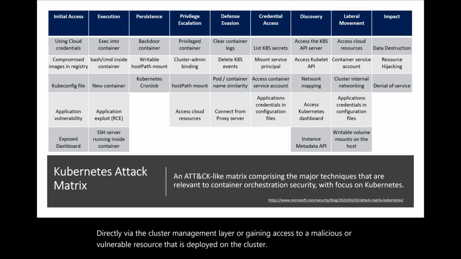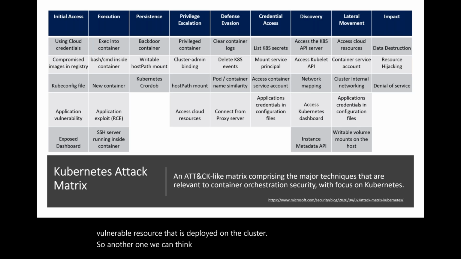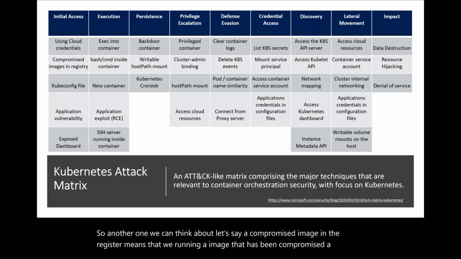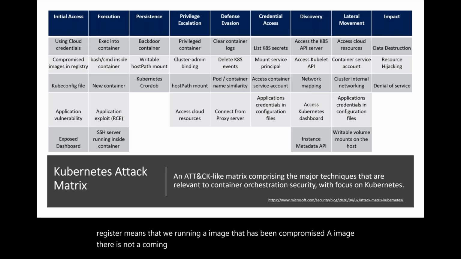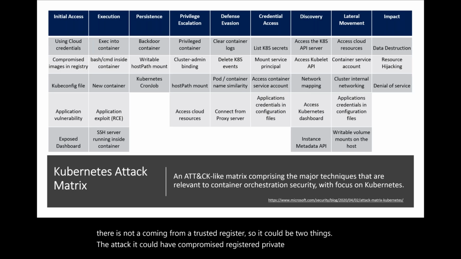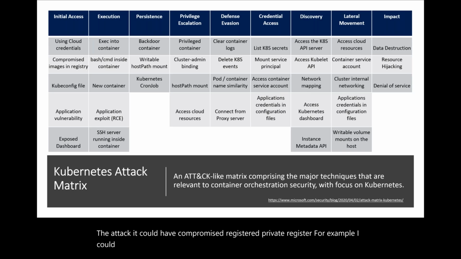Another one we can think about is a compromised image in the registry, which means that we are running an image that has been compromised or an image that is not coming from a trusted registry. So it could be two things: that the attacker could have compromised the registry, your private registry for example, or that the developer downloaded the image from an untrusted public registry.